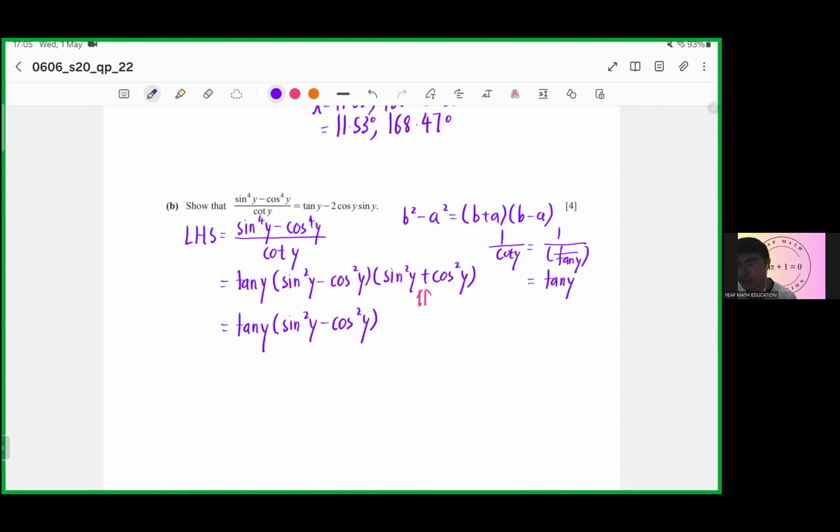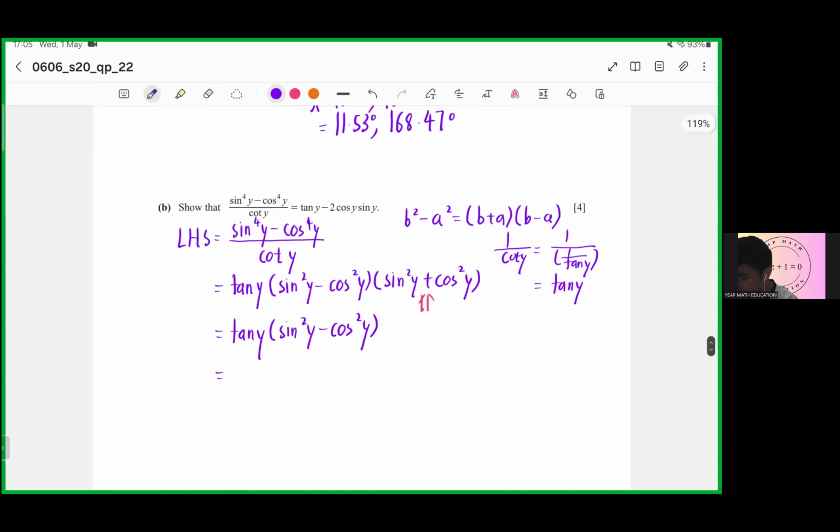After that you need to expand again. Now I do tangent times (1 minus cos squared). So I get tangent times (1 minus 2 cos squared), because you can see here is 2.